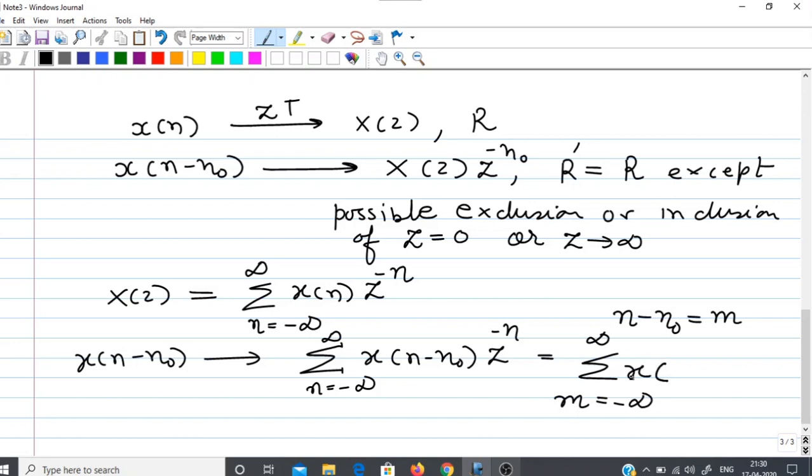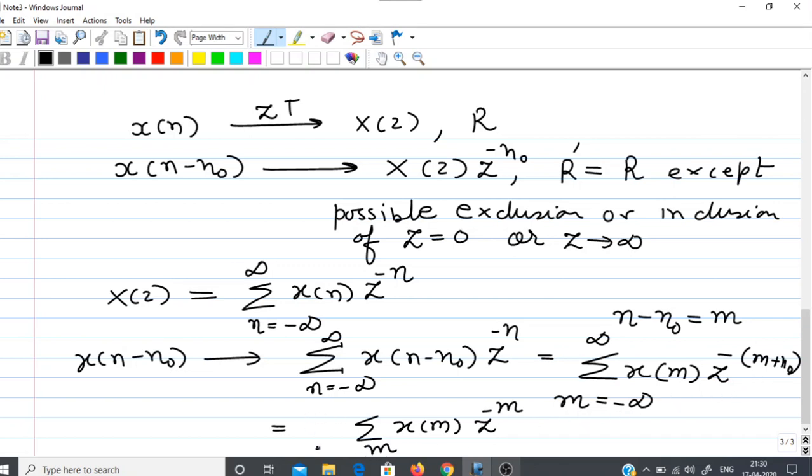So n minus n naught is replaced by m, and this z to the power minus n will be replaced by z to the power minus (m plus n naught). So if I further simplify this expression, I get x[m] z to the power minus m, and now this summation is over m.